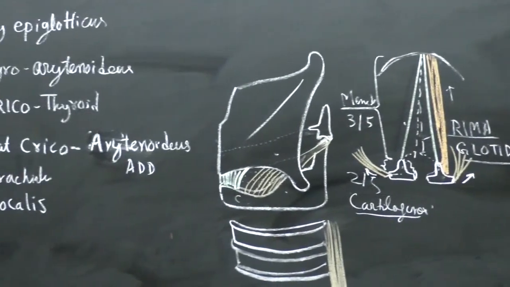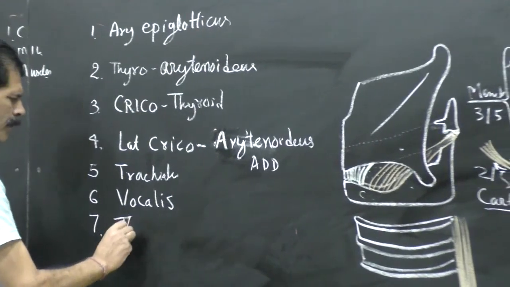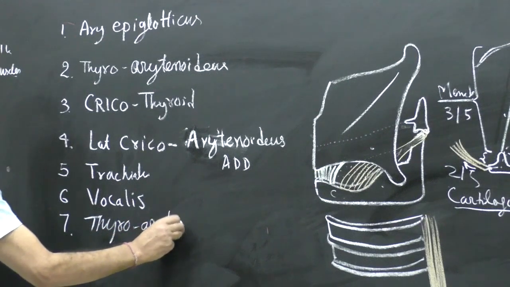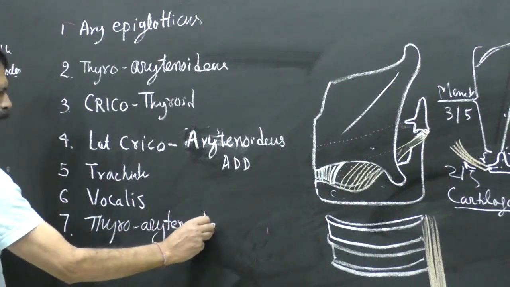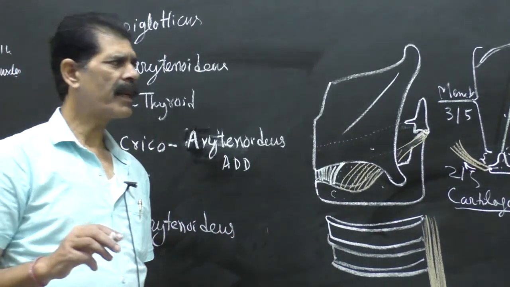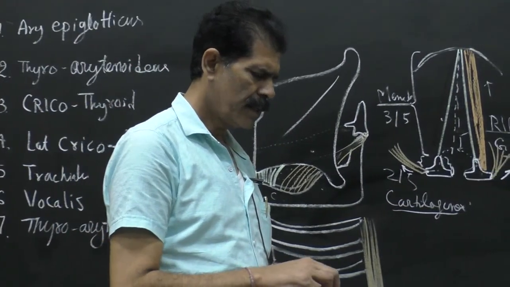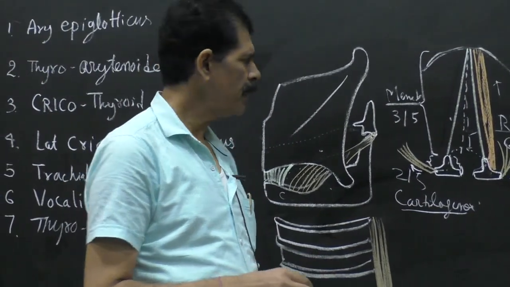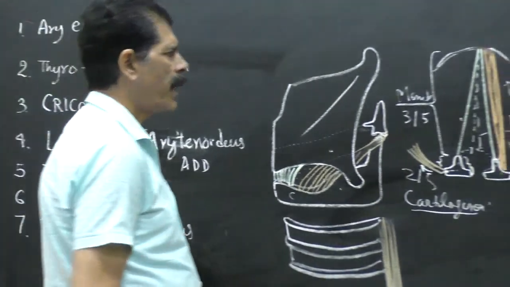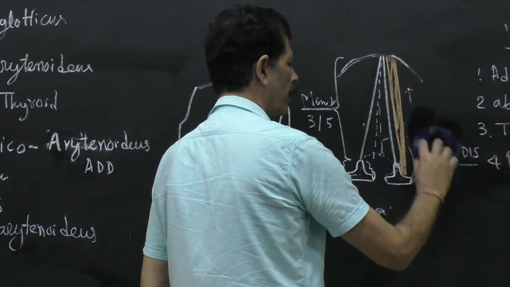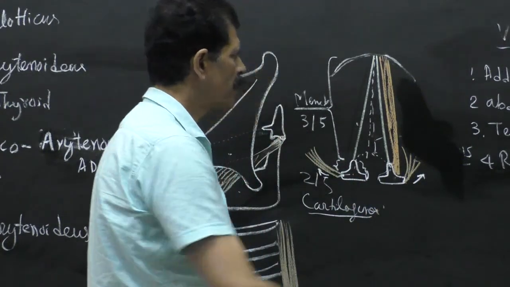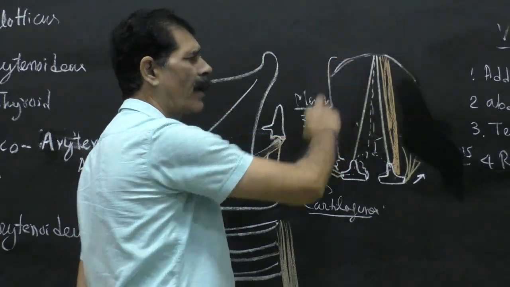The another muscle is the thyroarytenoideus. Like the quadrangular membrane, in the cricovocal membrane is also embedded a muscle that is called the thyroarytenoideus. As the name suggests, it takes origin from the thyroid cartilage.